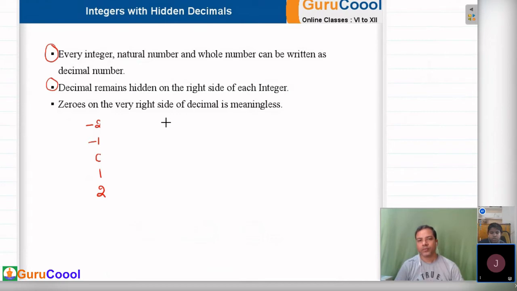After 2, sir. It is hidden. We cannot see it. It is minus 2 decimal 0.